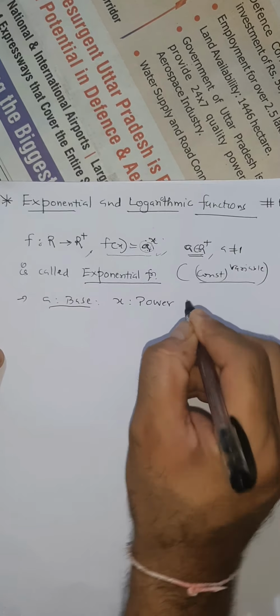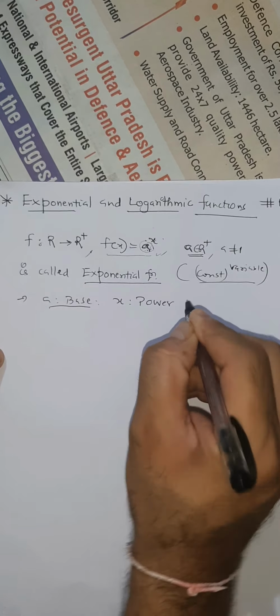Next property, you know that the exponential and log x to the base a are like f and f inverse. Log is the inverse of exponential. So if I compose these two, I must get identity, you know.